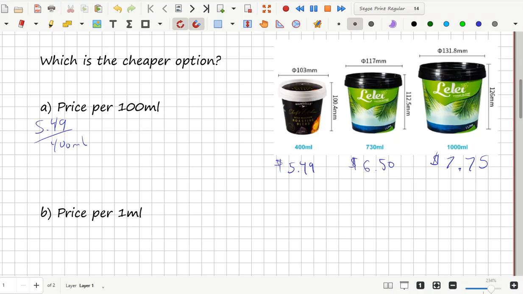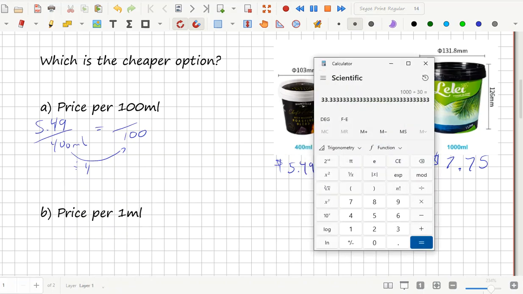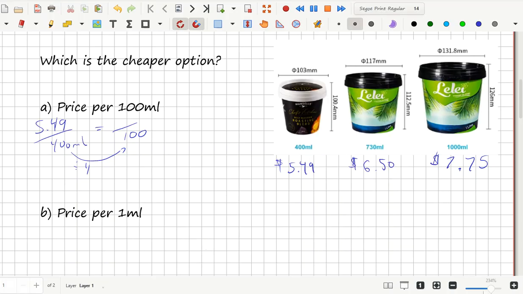Okay, so to get the price per 100 milliliters, I would have to take the bottom and divide it by 4. So I would take the top and divide it by 4 as well to compare these. So I have $5.49 divided by 4. So I get $1.37, so $1.37 per 100 milliliters for the first one.